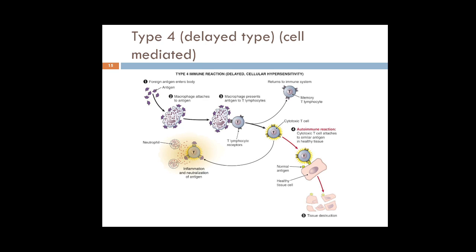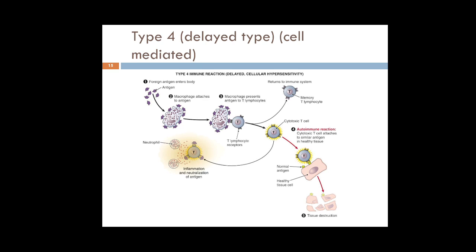So there are basically two types of lymphocytes, B lymphocytes and T lymphocytes. B lymphocytes are responsible for the production of antibodies, and T lymphocytes are responsible for cell mediated immunity. Okay, so these macrophages present antigen to T lymphocytes.